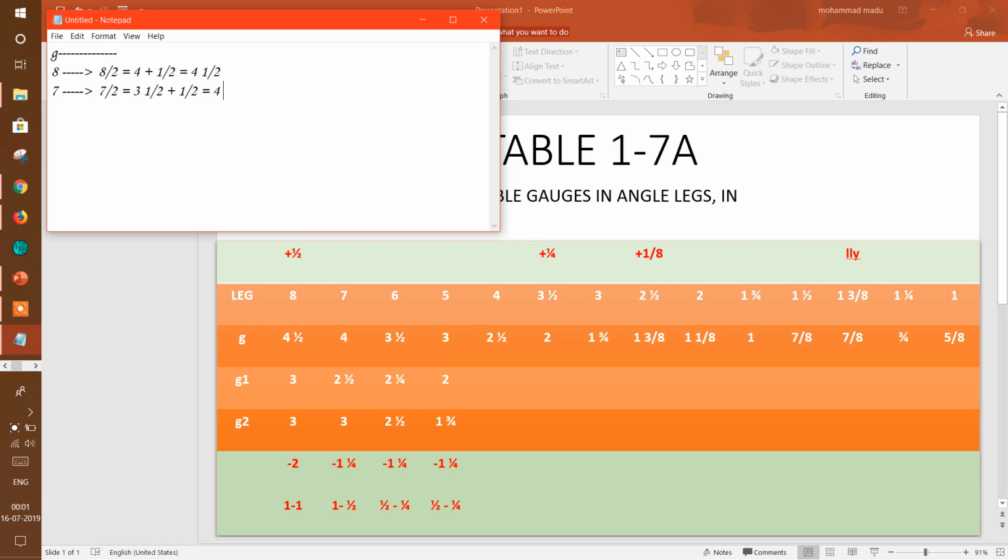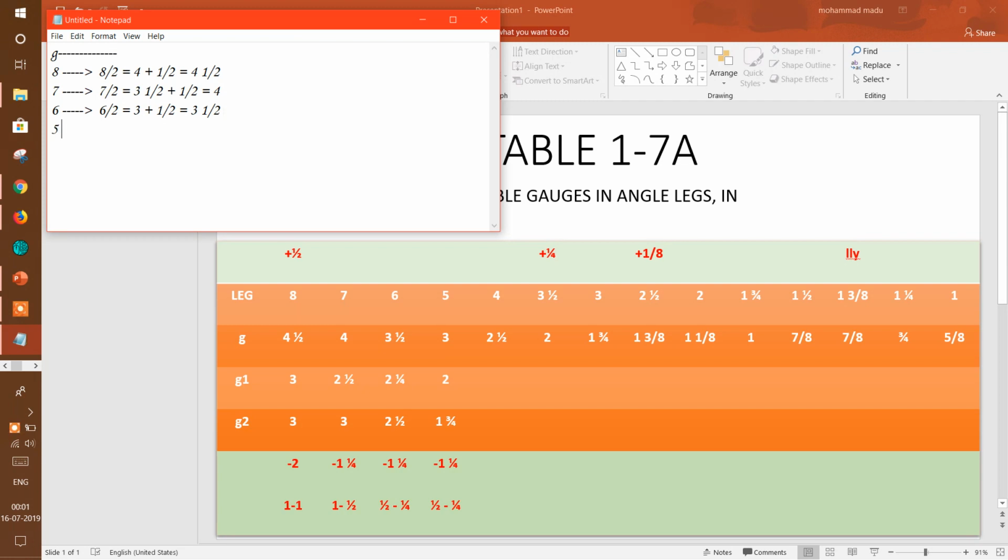You got it now? And when it comes to 6, just add similarly: 6 by 2 is equal to 3. Now add, as we did earlier, 1/2, which gives 3 1/2. Here you can observe.